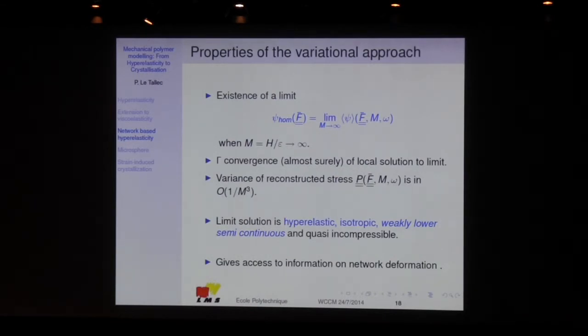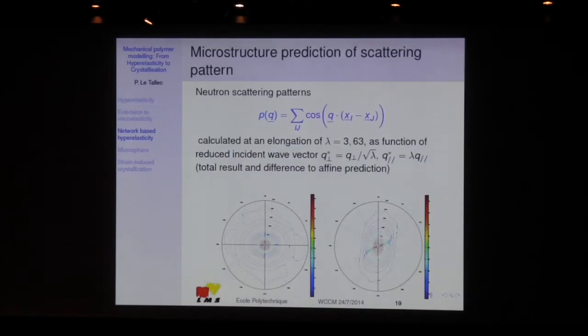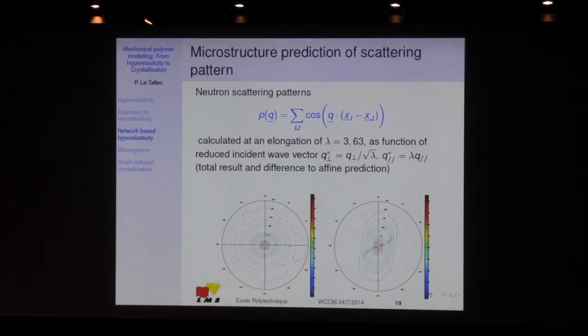And for the physical friends, this approach gives you another piece of information which has been explored very recently in Paris, where, if you know the structure of the network, you can reconstruct a neutron scattering pattern, that is, try to predict what will be the scattering of a neutron wave arriving on the surface.